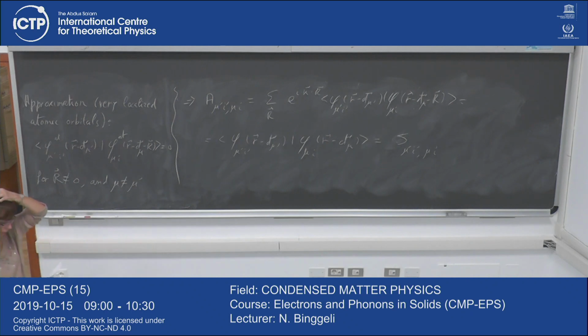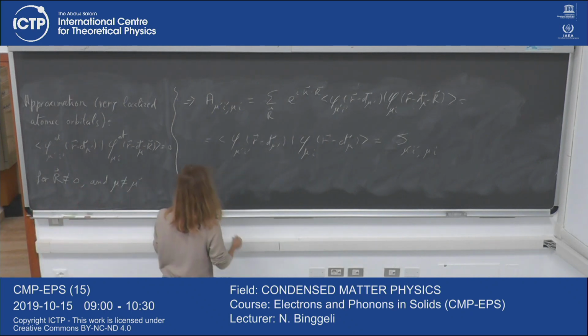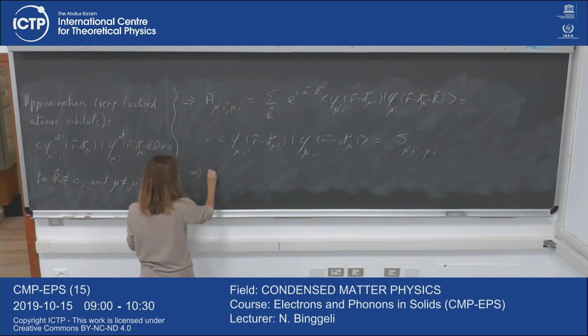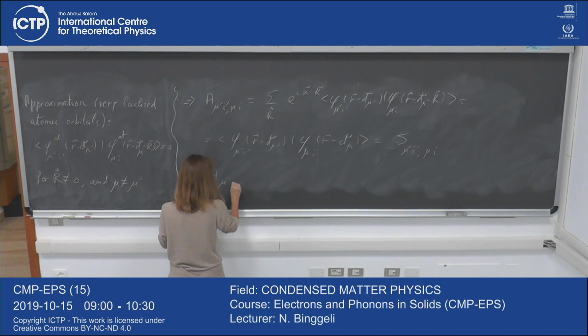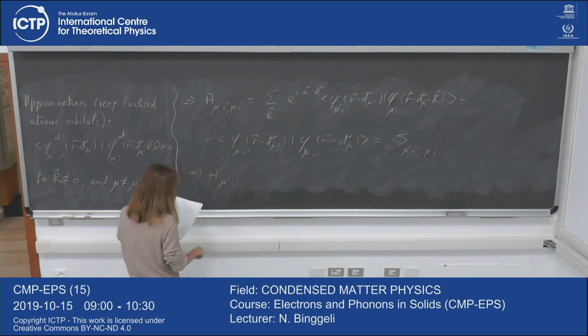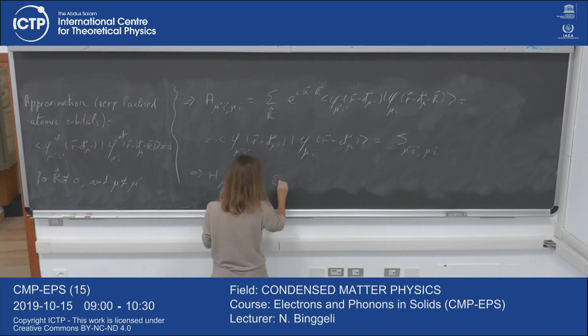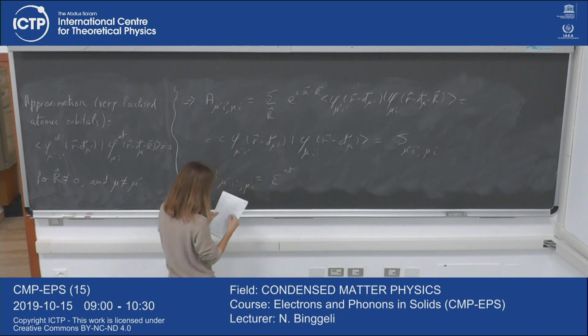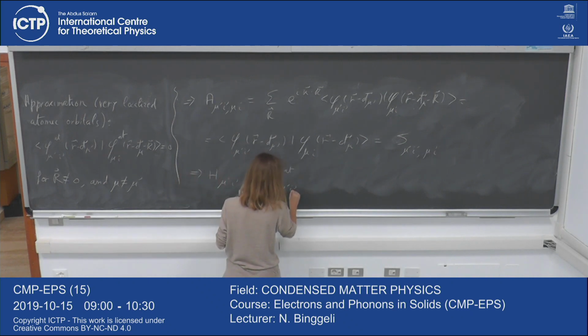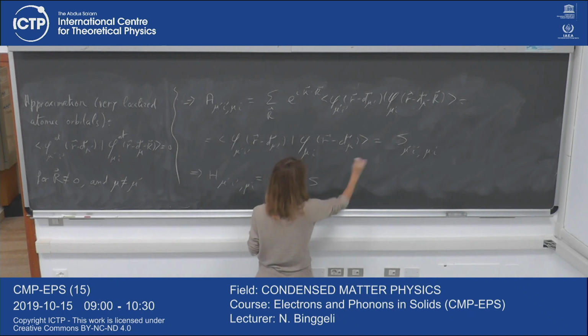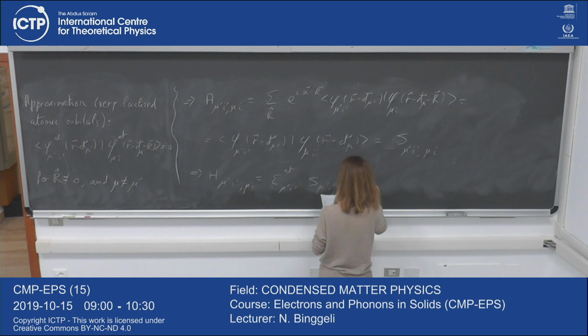So this is for the overlap part, but also for the H part, that is the matrix element of the Hamiltonian, mu prime I prime, mu I. This will simplify. We will have the atomic energy for mu prime I prime, times this delta mu prime I prime, mu I, plus the hopping term.